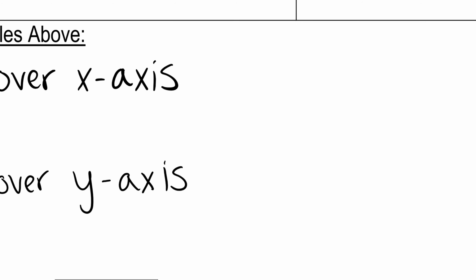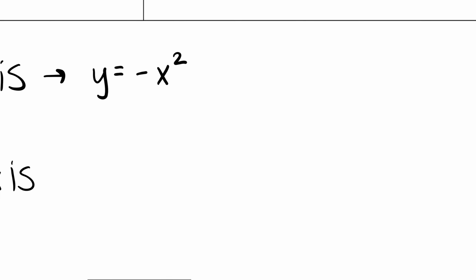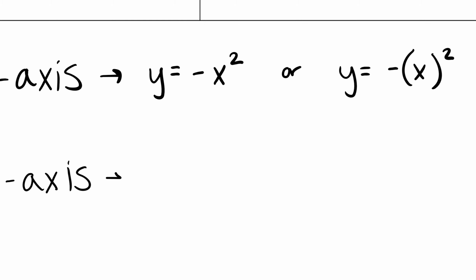To reflect over the x-axis, I would have to have one of two things. I could have y equals negative x squared with no parentheses, or I could have y equals negative parentheses x squared. As long as the negative is not inside the parentheses, that is reflecting over x. Now, of course, just the opposite is true.